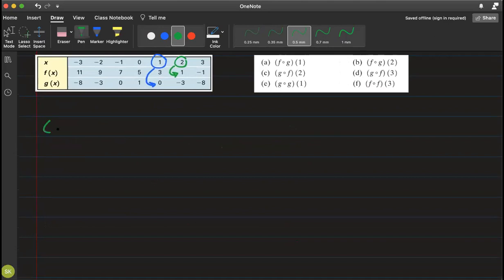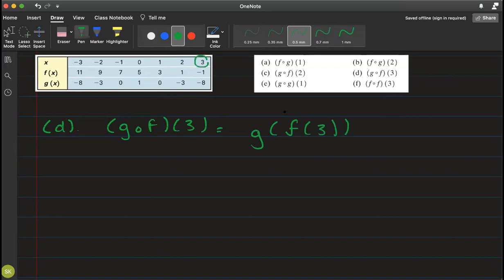Okay, so this is part D, which is G composed of F of 3. Let me erase this and see what happens. So again, this is G with F of 3 plugged in. So I look for 3. I see where F takes 3, which is -1.